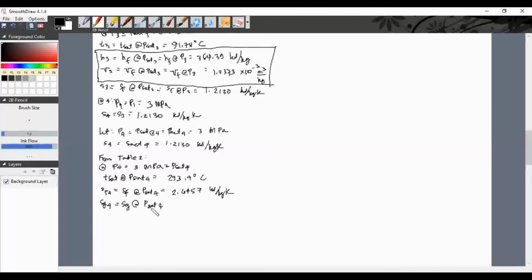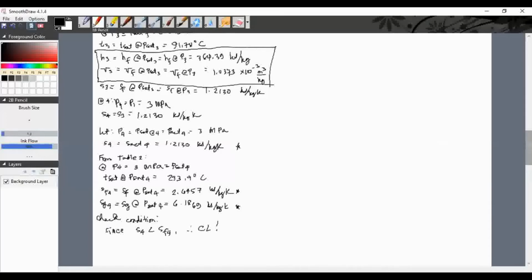So according sa table, that is 6.1869 kilojoules per kilogram Kelvin. So compare natin ito, tsaka ito. So check condition. Ano masasabi natin? Since yung ating actual na S4 is less than S sub F4, so therefore it is a compressed liquid.